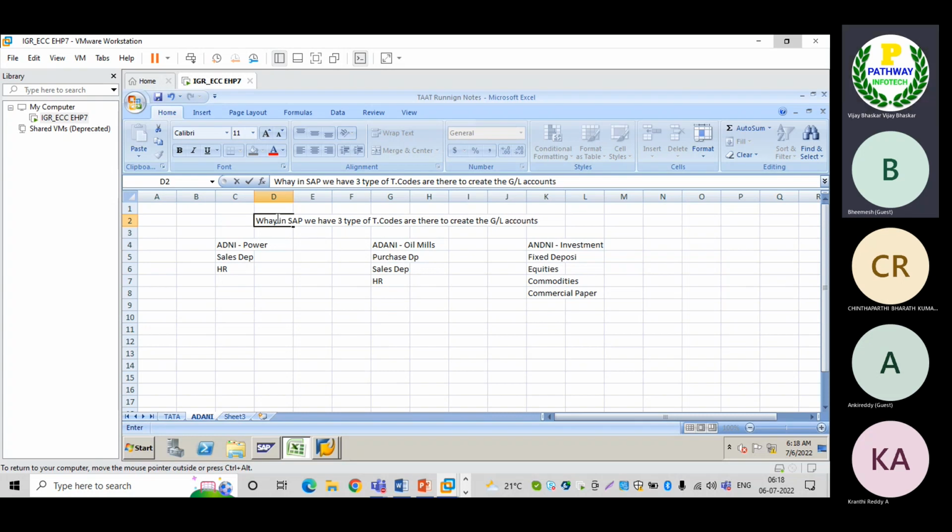So these are the legal entities, which I'll mention here as the company codes. Under the company codes, we have the departments.